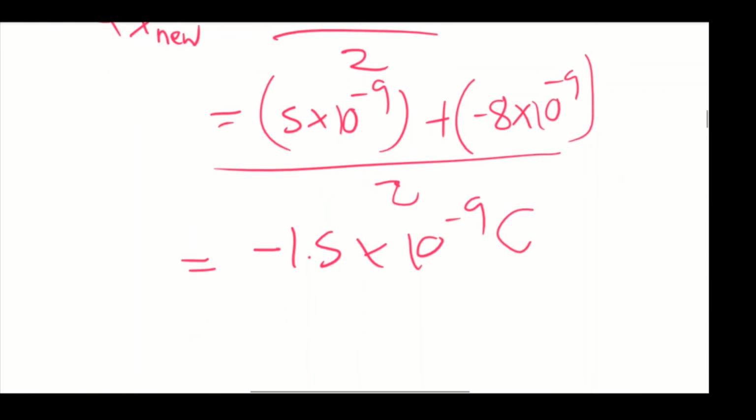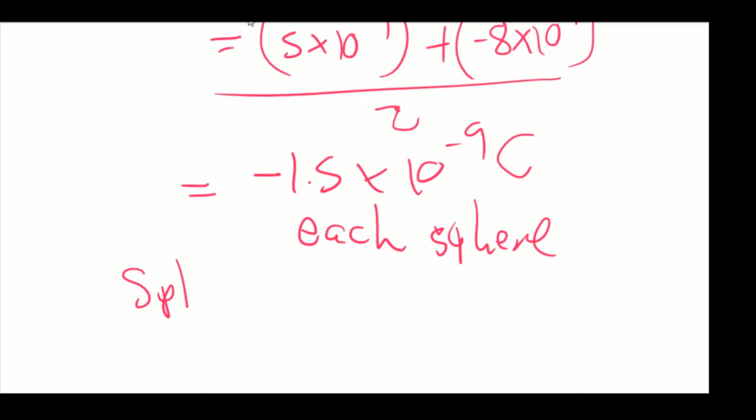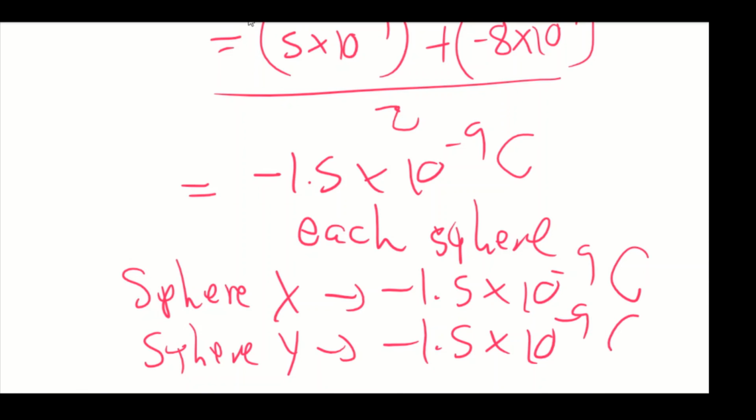So this is the charge that is on each sphere. Basically sphere X will have this charge of minus 1.5 times 10 to the power of minus 9 coulombs, and sphere Y will have this same charge of minus 1.5 times 10 to the power of minus 9 coulombs, right? But we are mostly interested in the charge of sphere X.